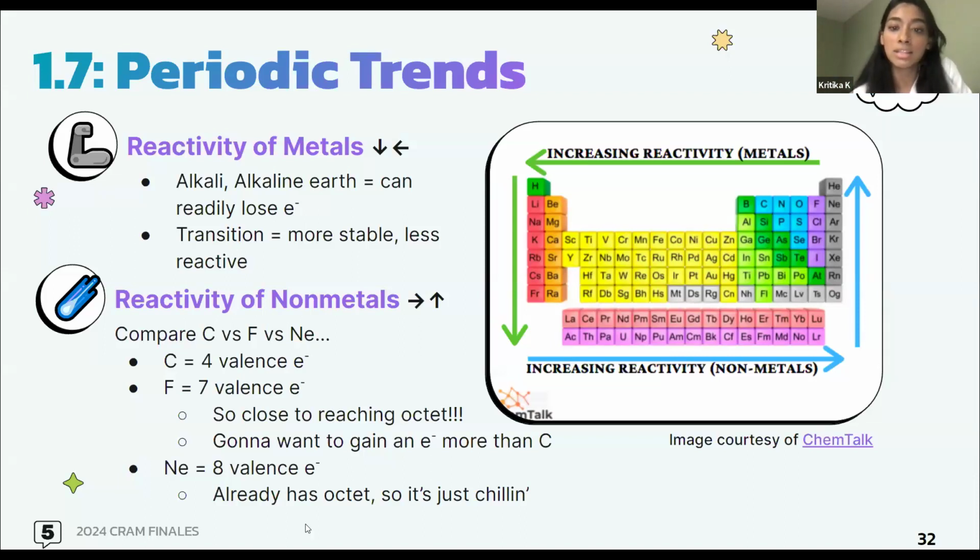Everything in that purple color is really reactive, and they usually gain electrons to fulfill the octet. If we look at something like neon, which is in gray in the second period, it has 8 electrons, so it already has a full octet. So it's not going to be really reactive because it doesn't need to be. And this applies to all the elements in that column, which are called the noble gases.